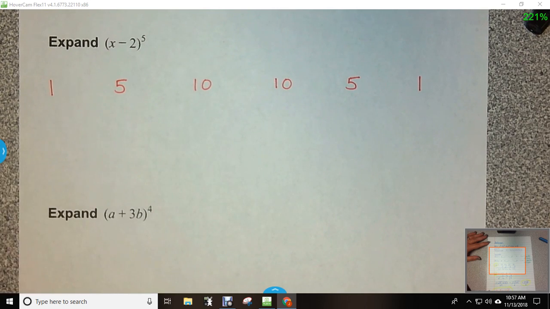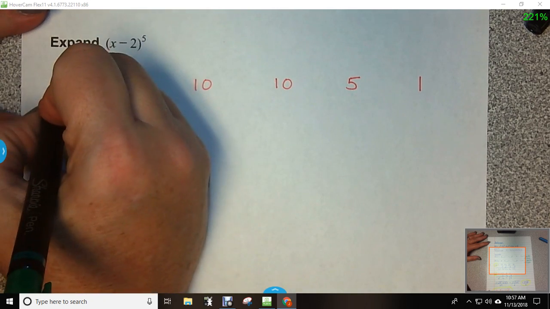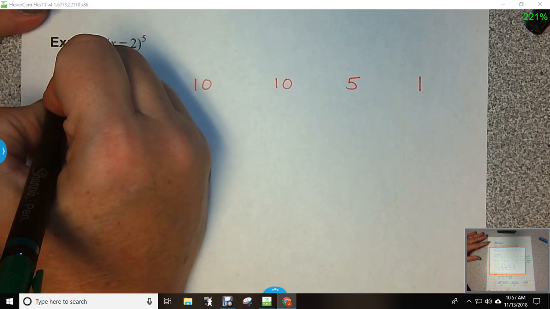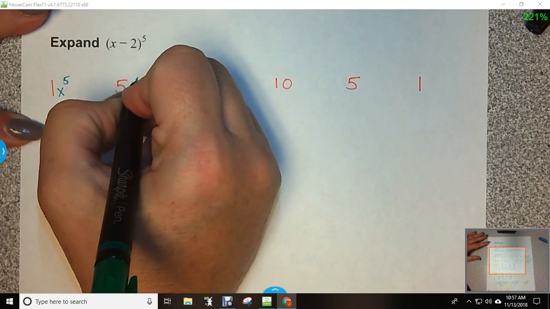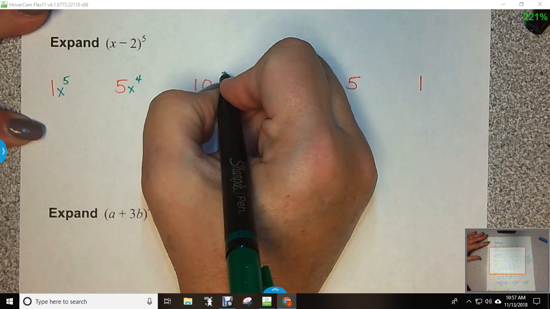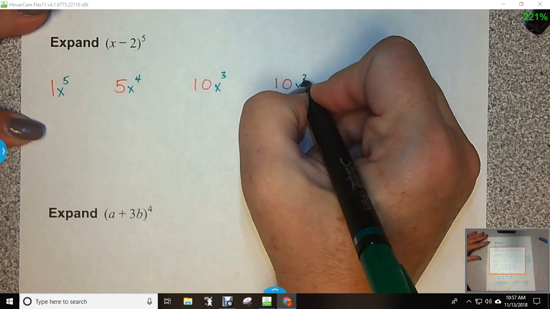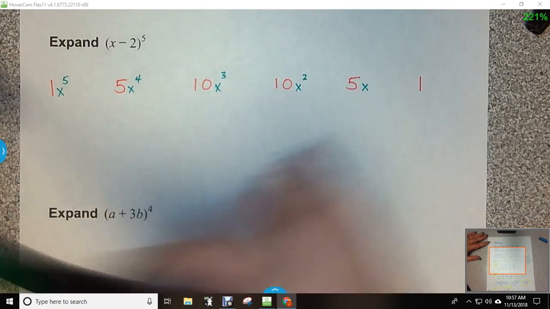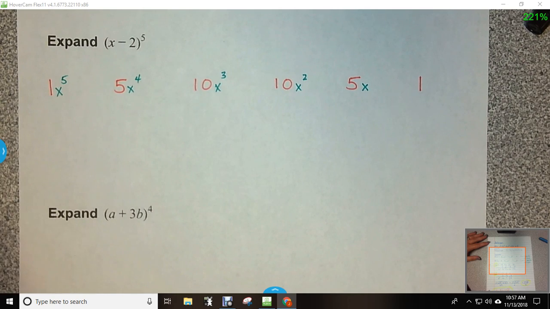So now start with your x. On the left, we've got x to the 5th, x to the 4th, x to the 3rd, x squared, and an x. When I work with this negative 2 to the 5th power, this is where it gets a little bit more complicated.